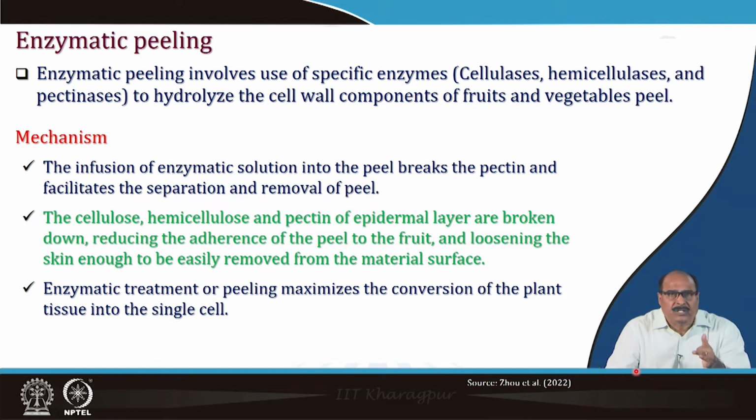The cellulose, hemicellulose and pectin of the epidermal layer are broken down, reducing the adherence of the peel and loosening the skin enough to be easily removed from the material surface. Enzymatic treatment maximizes the conversion of the plant tissue into single cells.